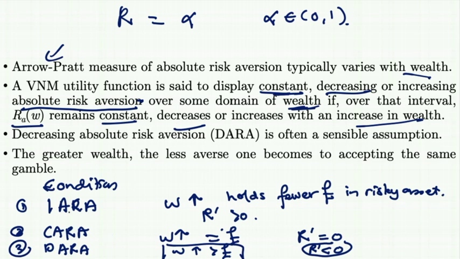So number three is a sensible assumption, isn't it? Because the more wealth you have, you're not that worried about losing so much wealth because you still have the remaining savings, for instance. So you may allow yourself to put a substantial amount of wealth into investment in risky assets.